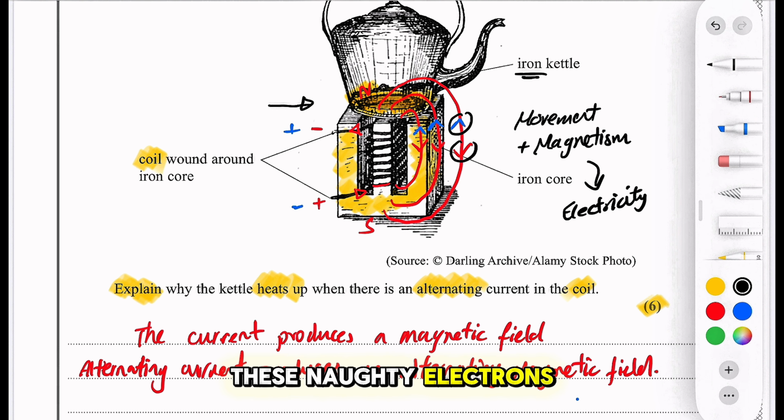These naughty electrons, they will become more free, and there is a kind of induced electric current because the lines of magnetic flux from the iron core and the coil are being cut by the kettle.